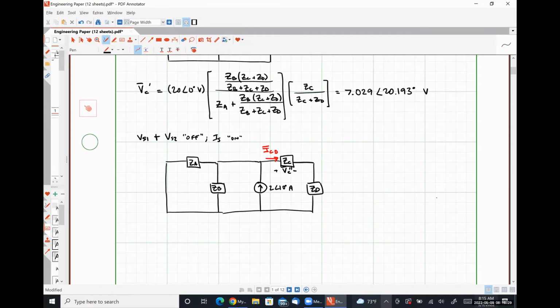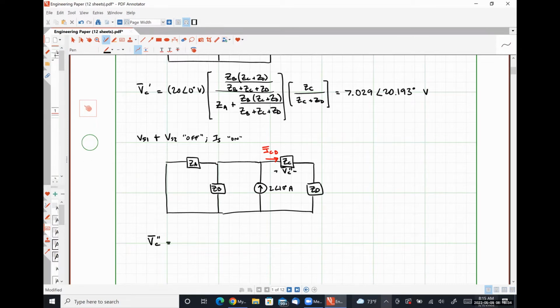So from this, we'll have VC double prime is equal to 2 angle 10 degrees amps times 1 over ZC plus ZD, divided by 1 over ZA plus 1 over ZB plus 1 over ZC plus ZD.